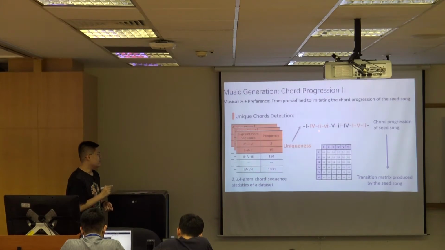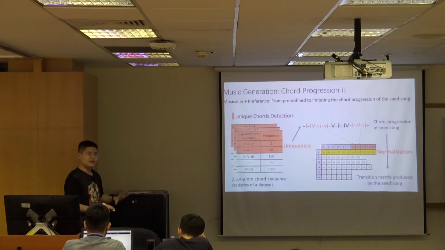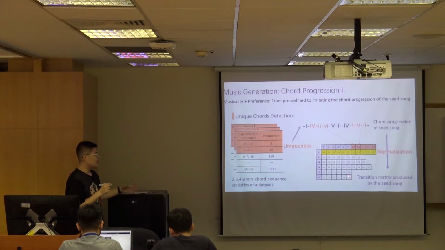And for the 3-gram and 4-gram chord progressions, we will match them with the statistics of the dataset. If one is tagged as unique, we will add it to the transition matrix and normalize the probabilities. So now we have a transition matrix produced by the seed song, in an irregular shape.